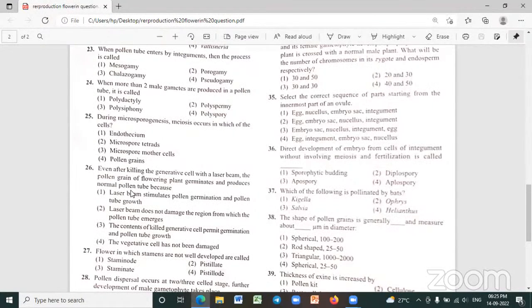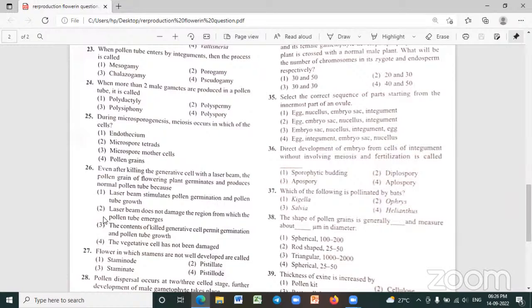Because this is not present in our book, it may be taken from some other analytical source. The laser beam does not damage the region from which the pollen tubes emerge. The content of the killed generative cell permits germination and pollen tube growth. The vegetative cell has not been damaged.